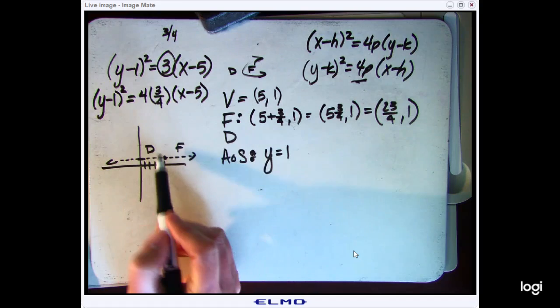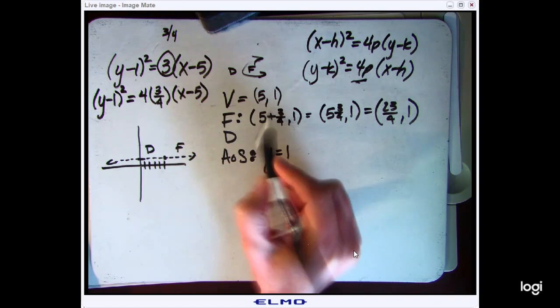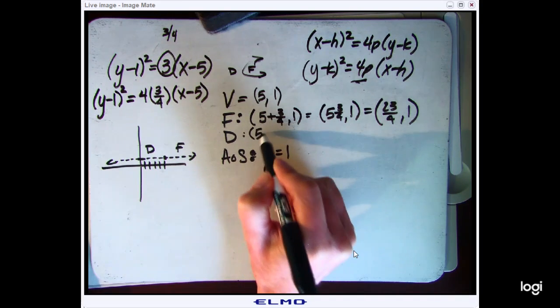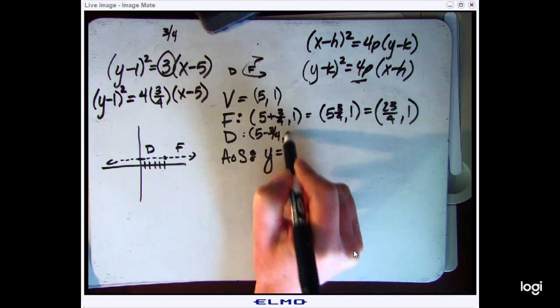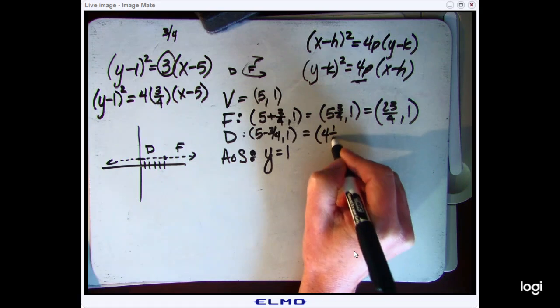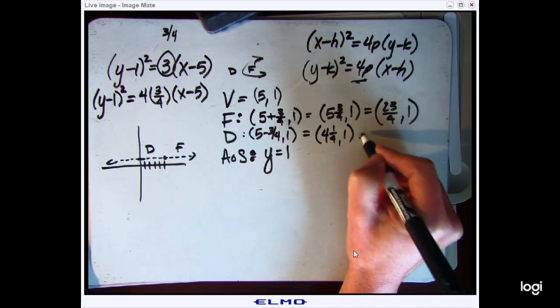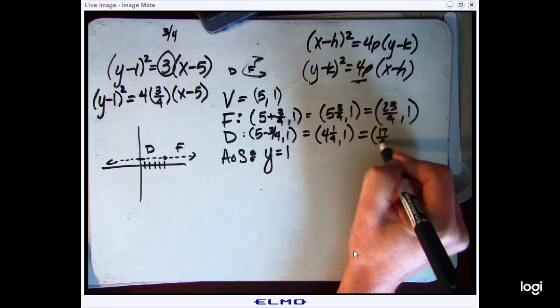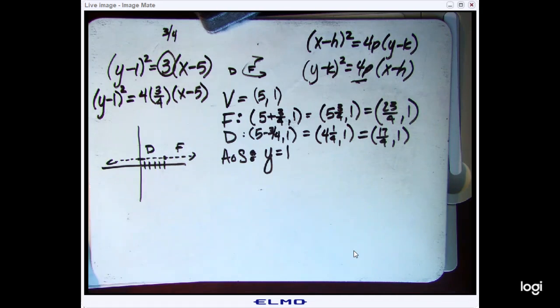Okay, directrix, we're moving this way, so it would be (5 minus 3/4, 1), (4 1/4, 1), or (17/4, 1). You type all that information in, and you've got that solution as well. Good luck.